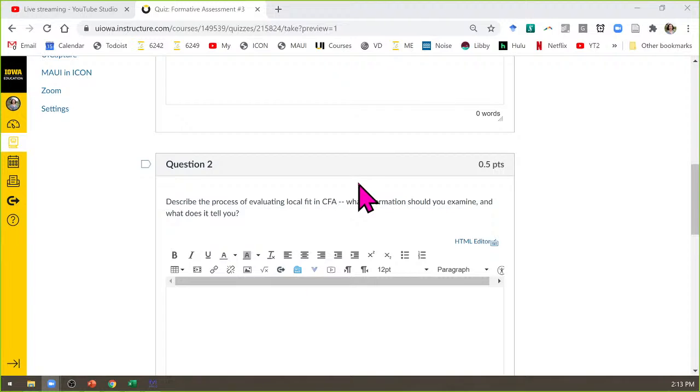And the normalized residuals standardize that discrepancy into something that looks like a z-score, where you want to look at relatively large values as indicating that those are the most important sources of misfit.